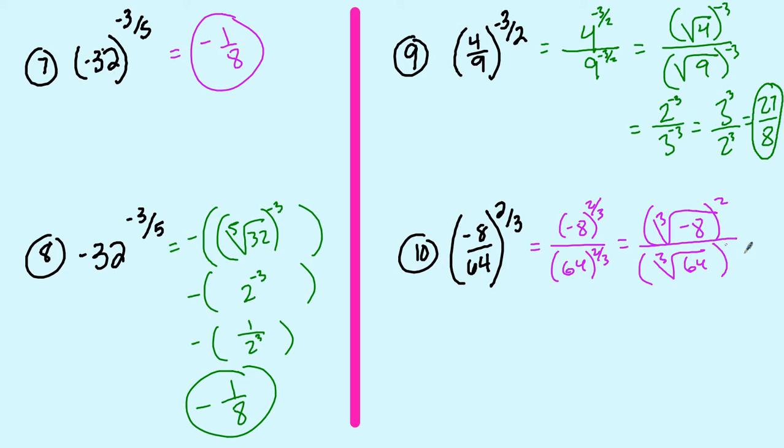I know, I'm writing it all out. I'm trying to show every single step. Okay, now let's take the cube root. We can do that with a negative, so that just becomes negative 2 squared over 4 squared. So our answer is just 4 over 16, which is 1/4.